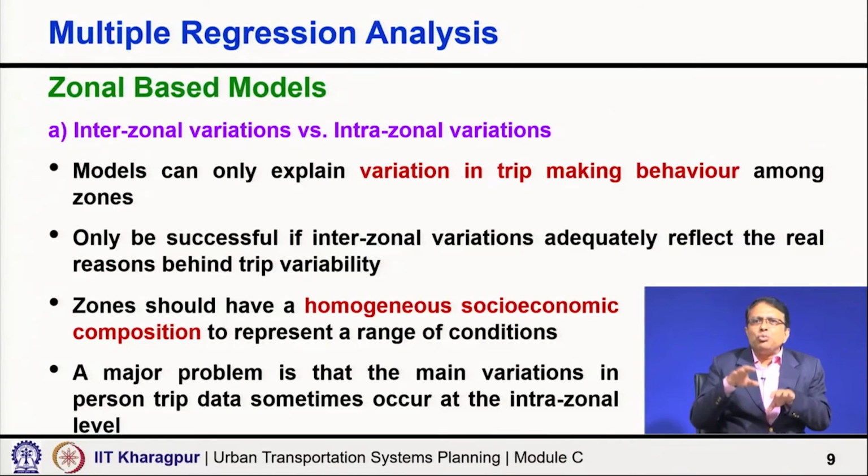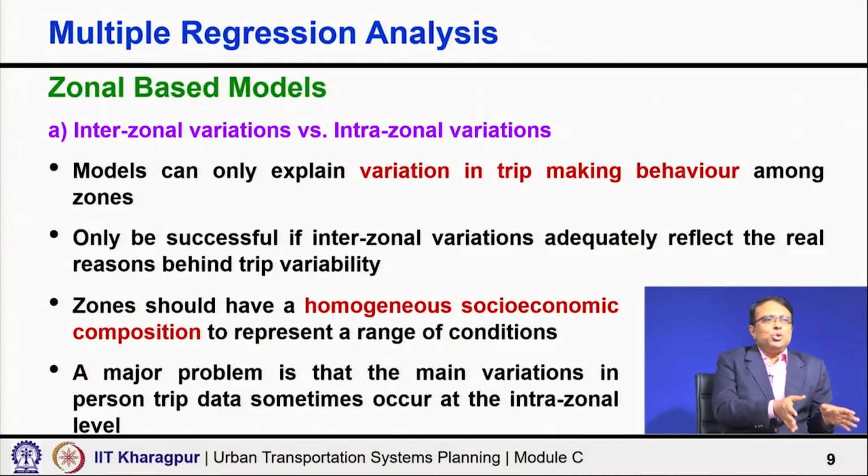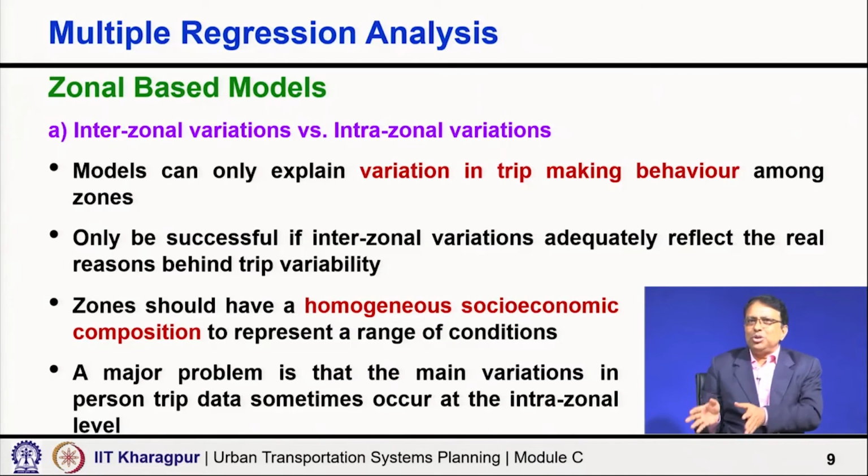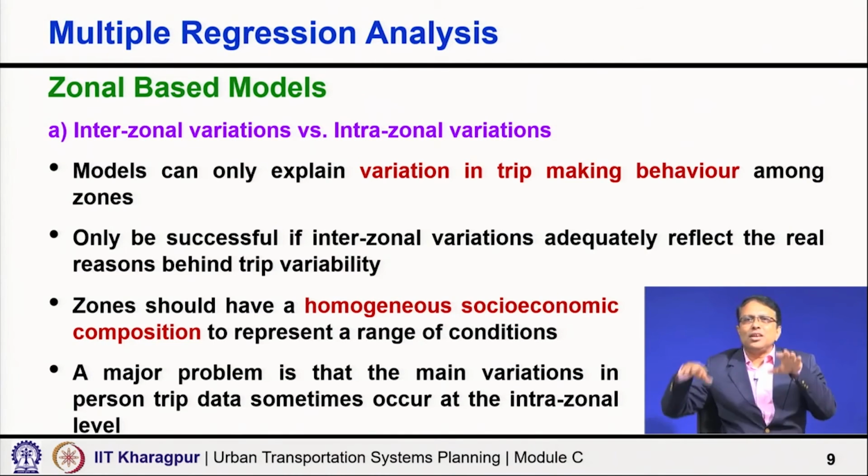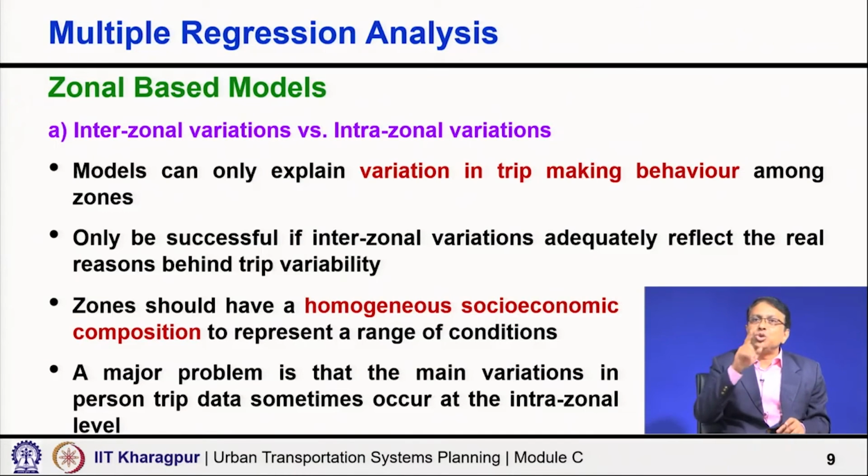The variation of y is getting explained by the variation of x from one zone to another zone. In some zones it is higher, in some zones it is lower. So it is actually trying to say how things are changing from one zone to another. So basically interzonal variation is very important.